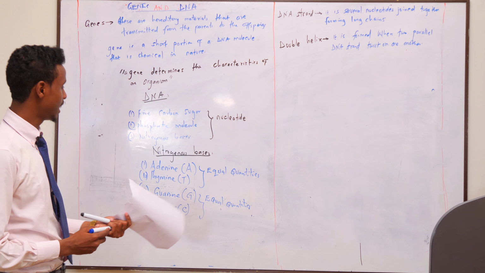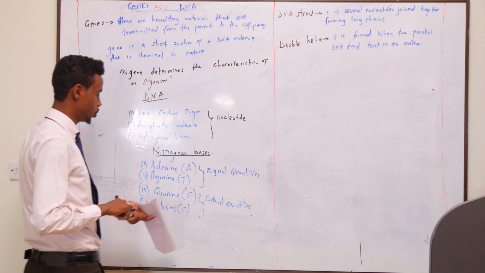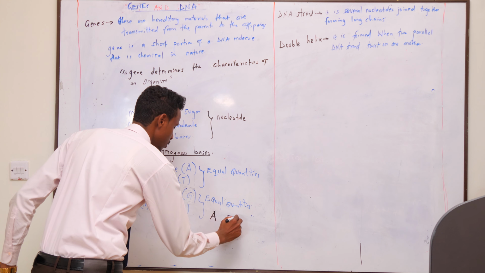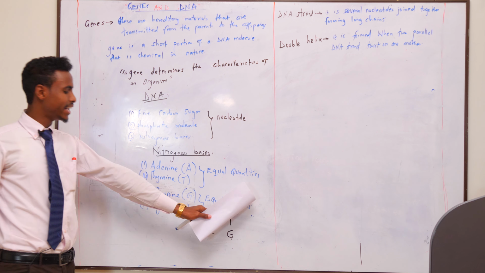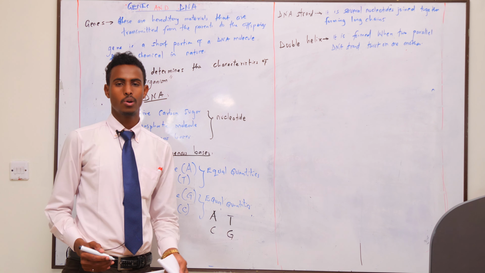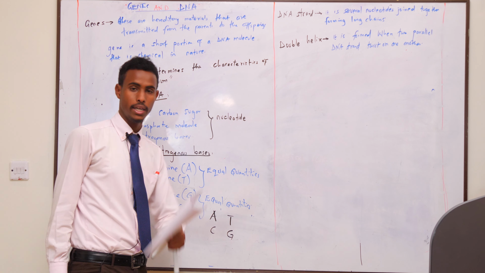And the very simple way you can master this is called ATCG. What does that mean? Adenine pairs with thymine, cytosine pairs with guanine. And therefore, this is what in essence we are discussing.